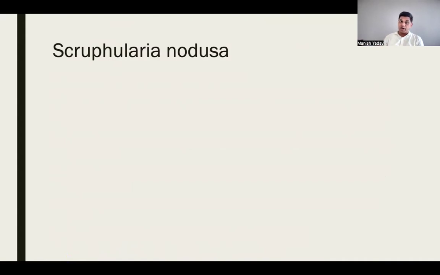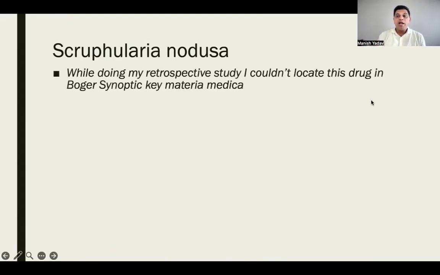Scrofularia nodosa, which I know is for the scrofulous constitution. We know it for skin disease and other things, tubercular disposition. And I'm thinking, for this liver complaint, gallstone, he gave nodosa. How? While doing my retrospective study, the patient got better with Scrofula.